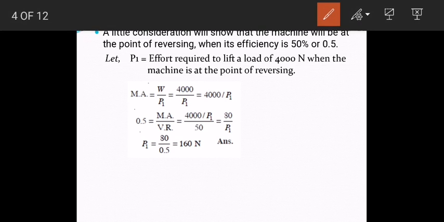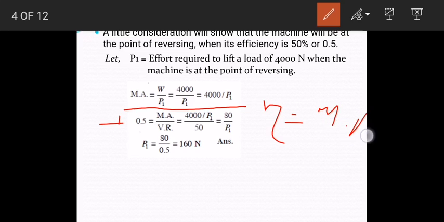So we put the MA value; we already know MA is 4000 upon P1. Now what is the efficiency? Efficiency is equal to mechanical advantage upon velocity ratio.